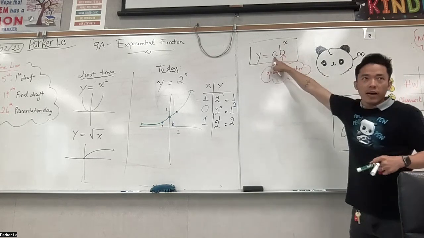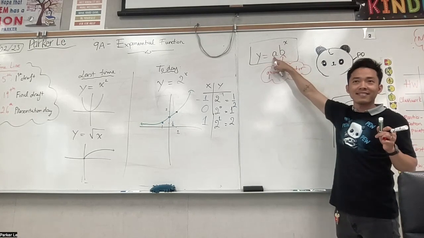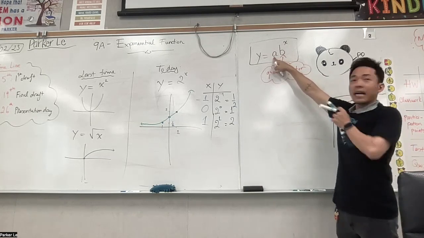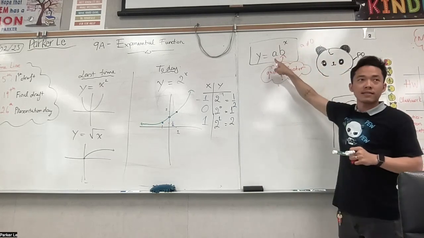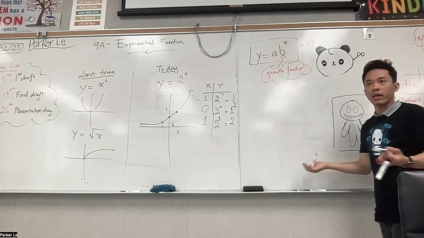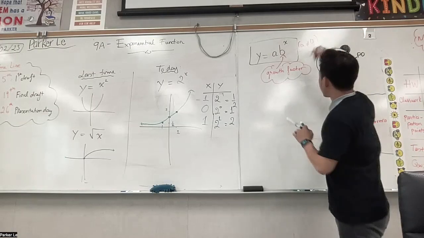What is the condition for a? What number can a not be? Zero. Good. 1 point. A can never be zero. Why? Because if a equals zero, what happens? Everything is zero, right? Y equals zero. There's nothing you can do. So a needs to be non-zero.